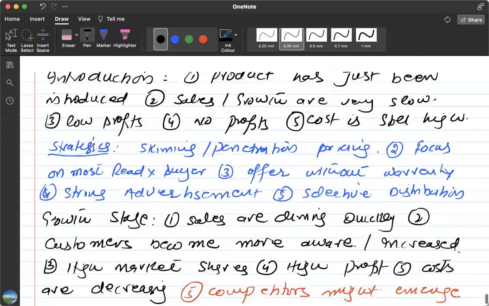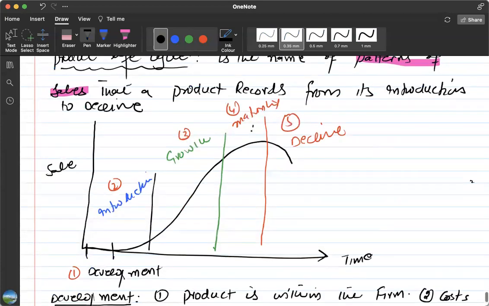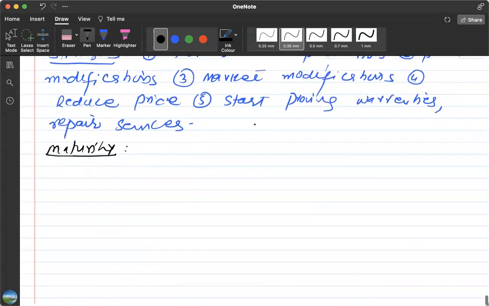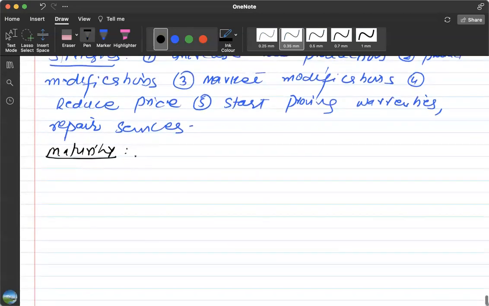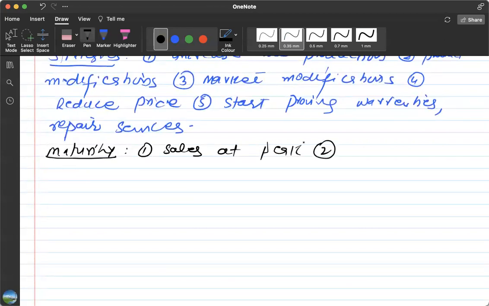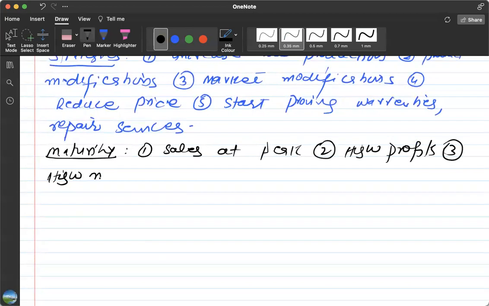If you can see the graph, the sales have reached their peak. Second, we are gaining high profits and high market share.